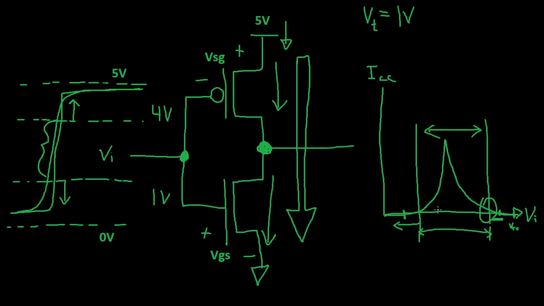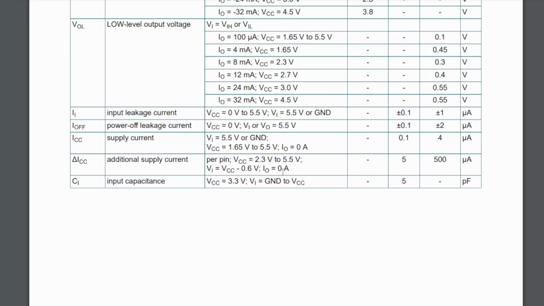So that means we're operating somewhere close to here, right where that MOSFET is starting to turn on. With the output current set to 0, that just means that we're not measuring any output current coming from the supply. We're only measuring the current required to keep the device running.